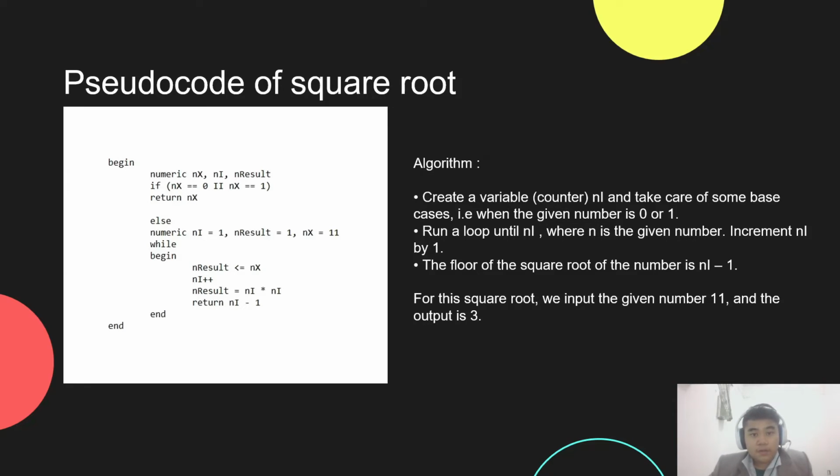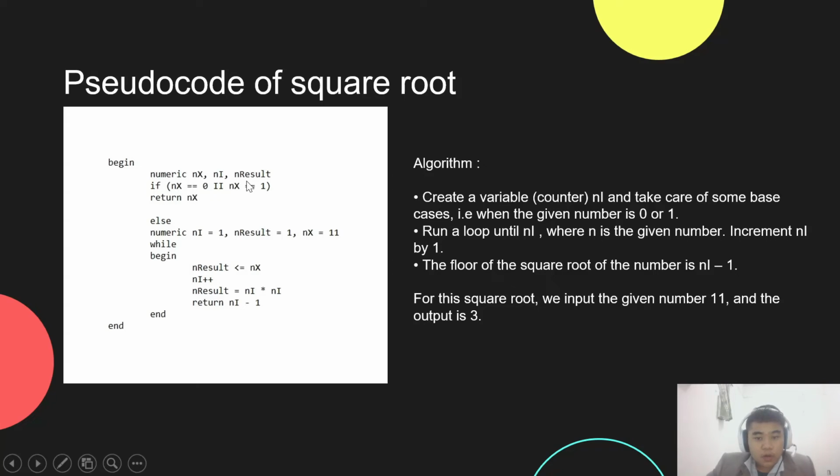So the code of square root. The algorithm, so you can look again. Create a variable counter i and take care of some base cases, ideally when the given number is 0 or 1. Run a loop until i squared is greater than n, where n is the given number, incrementing i by 1.